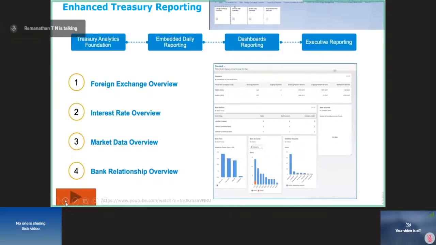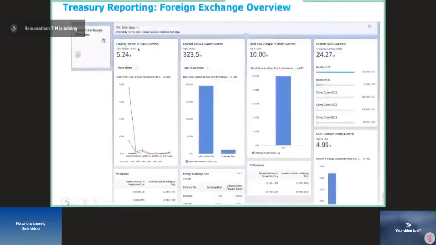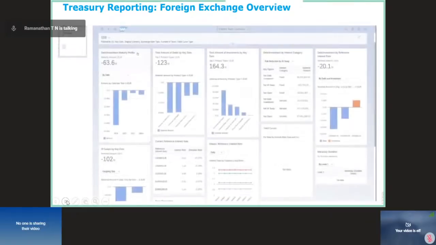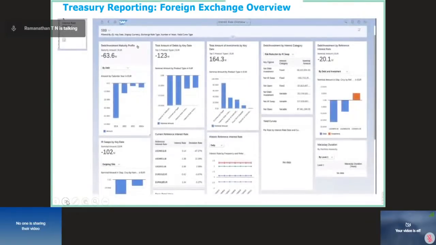How has it progressed? Or in terms of cash flows, which we are going to look at later, right? Or in terms of fluctuations on the mark to market on the foreign exchange forward covers, okay? Or in terms of drill down on the maturity profiling of debts or investments, right? All those bits of it.